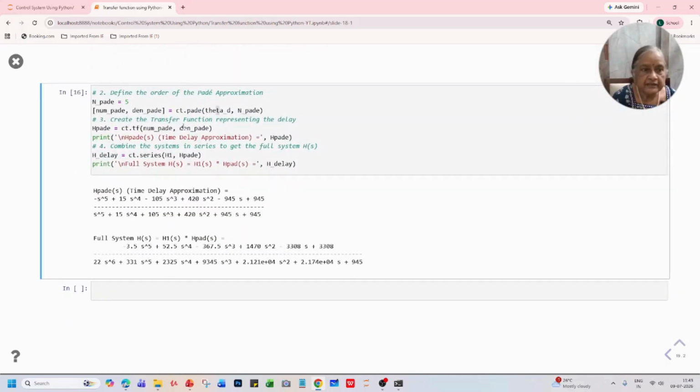With delay 2 and order 5, the e to the power of minus tau s is approximated by this polynomial in the numerator and denominator, and then that is combined with the h1 we created earlier. When they are connected in cascade, we get the transfer function given by this.